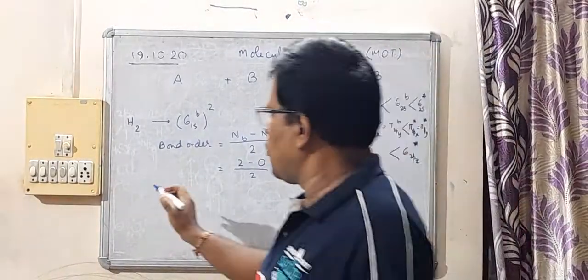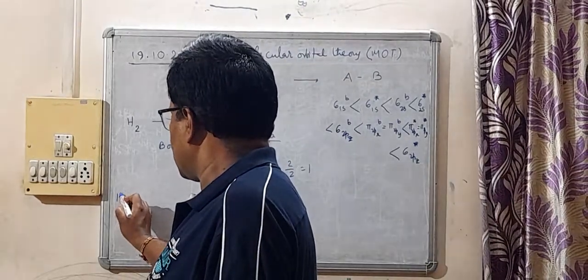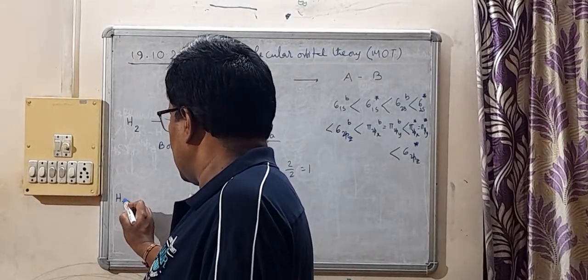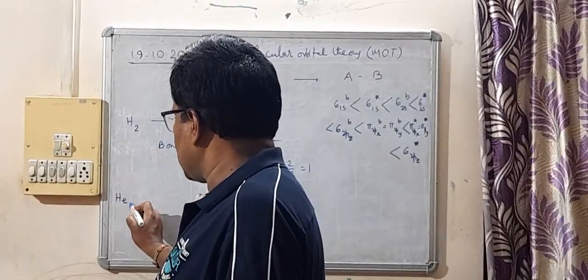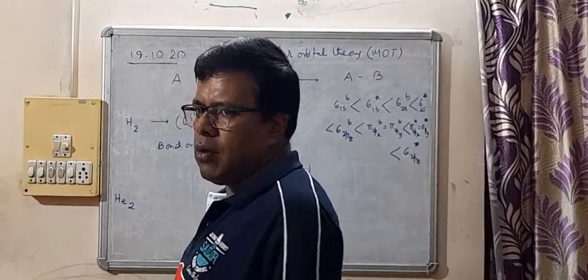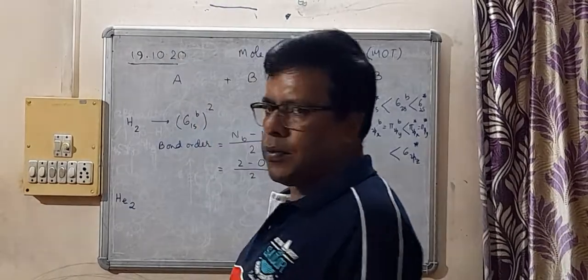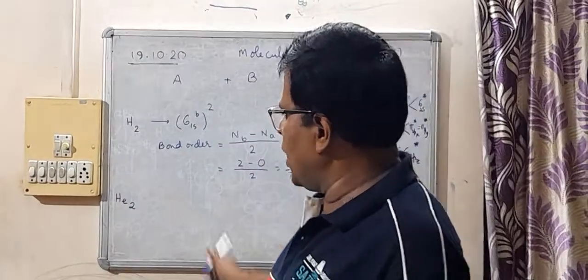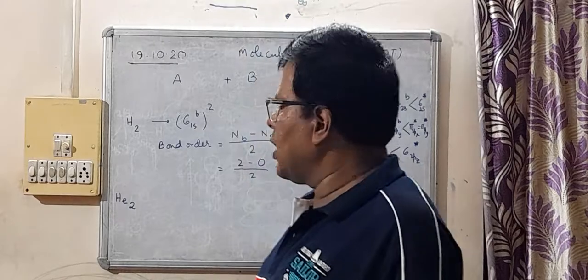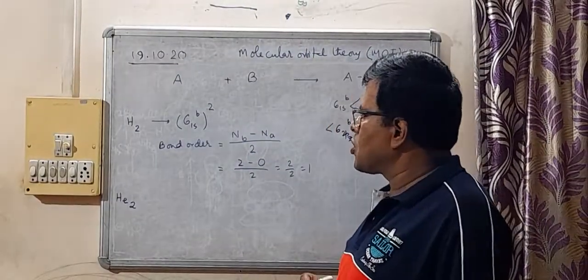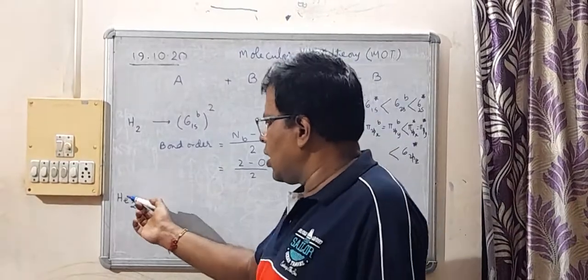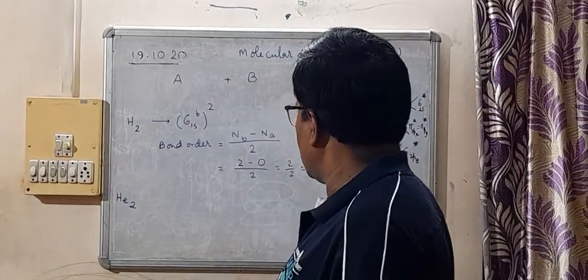Now let us do the next, say helium. Now you all know that the He2 helium molecule does not exist. Why He2 does not exist, we can get the explanation from molecular orbital theory. So let us begin with this hypothetical helium molecule.